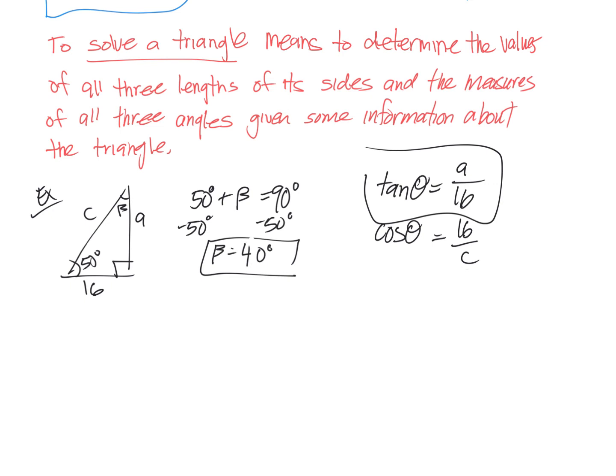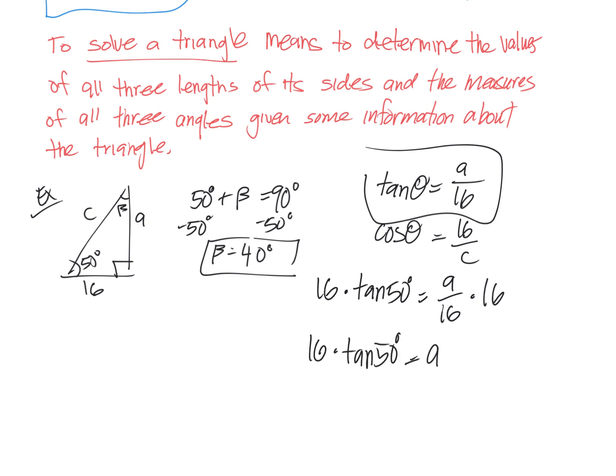We know our angle, instead of theta, it actually should be 50. So tangent of 50 degrees is a over 16. Solving for a, we multiply both sides by 16. So we get a is equal to 16 times tangent of 50 degrees. If we put this on our calculator, we get that a is approximately 19.07.